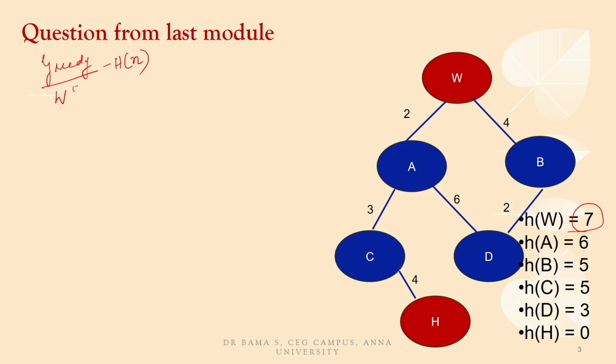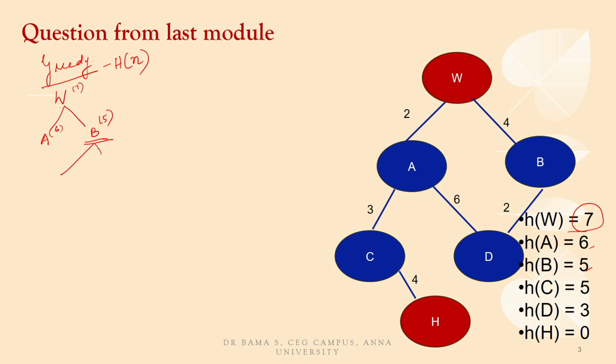There are two paths here, one is A and another one is B. A's heuristic value is 6 and B's heuristic value is 5. The minimum value is B. Remember, we said it is going to be a priority queue, and in that queue it will choose the minimum value of the list where we have A and B, choosing B having the minimum value of 5.